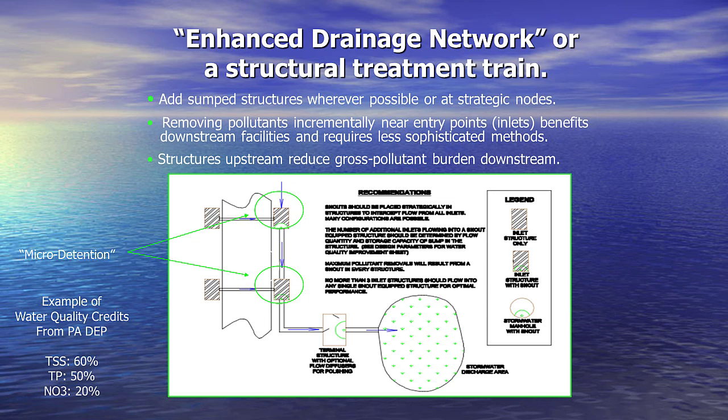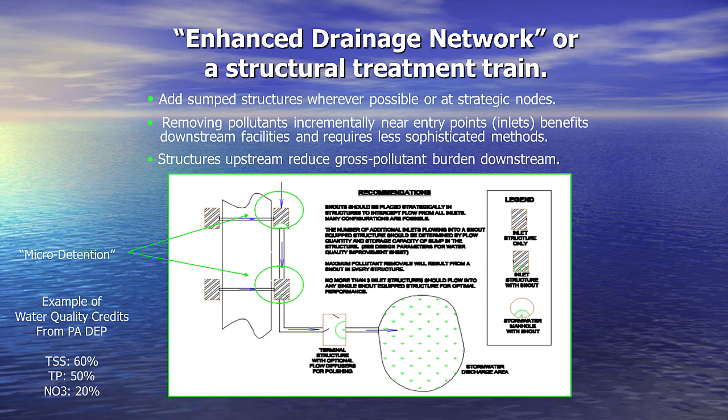We recommend adding sump structures wherever possible, or at strategic nodes where different pipelines might come together, and removing pollutants incrementally at various entry points, for instance inlets. This benefits the downstream facilities that rely on higher resolution removals, so you're not overburdening them with gross pollution and trash.